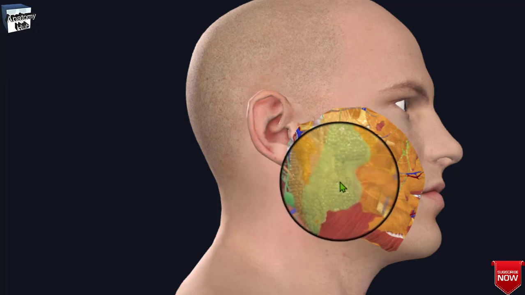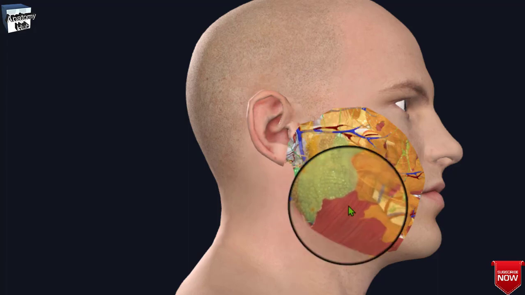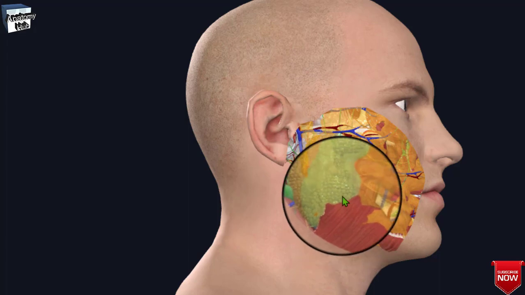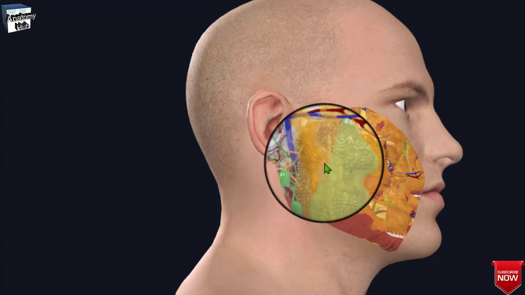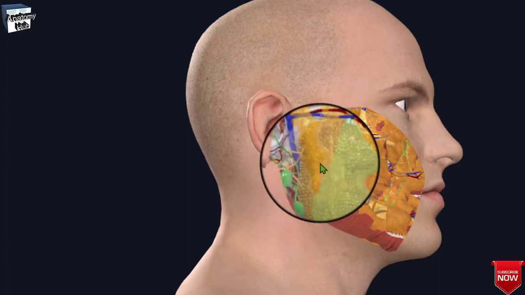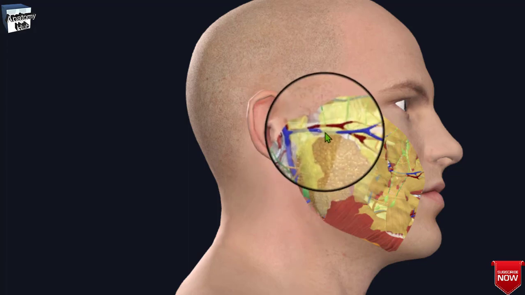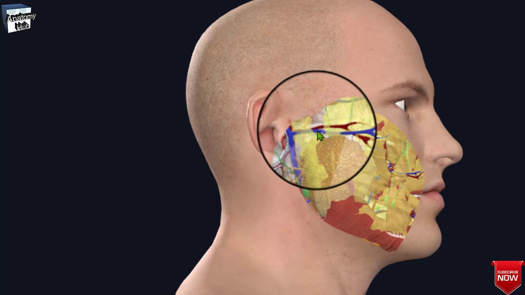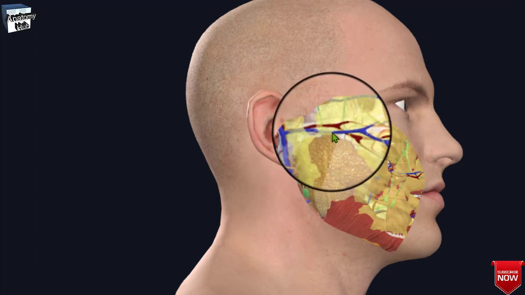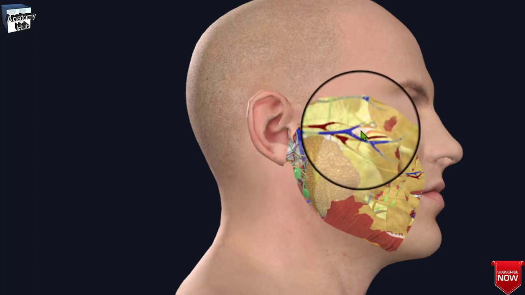Then it splits into two laminae which cover the submandibular gland, and also the parotid gland, with the superficial lamina attaching to the zygomatic arch.